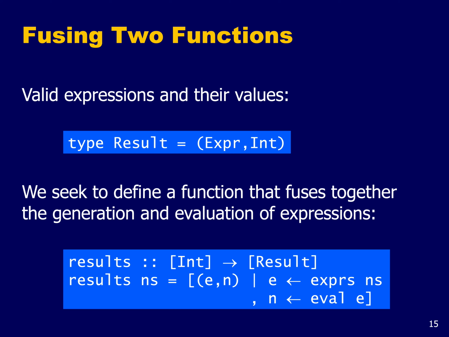We would like to have a function called results which has this behavior but actually fuses the expressions function and the evaluation function together. So rather than doing this generate and test approach with two separate generators here, we're actually wanting to do this in one function definition.